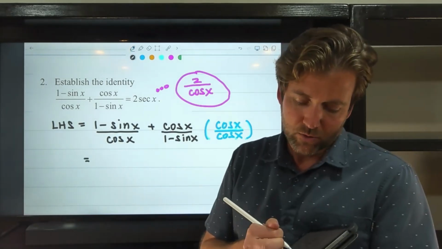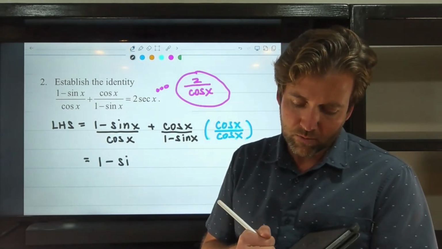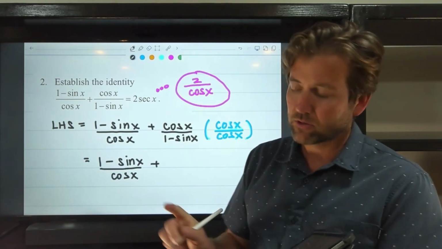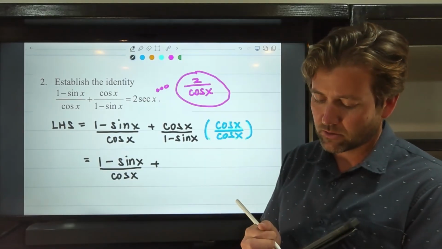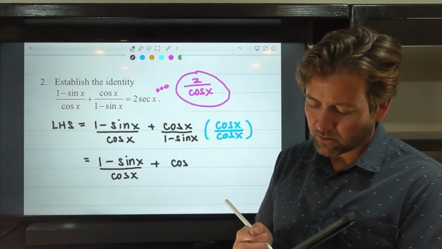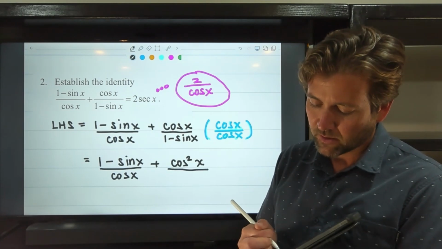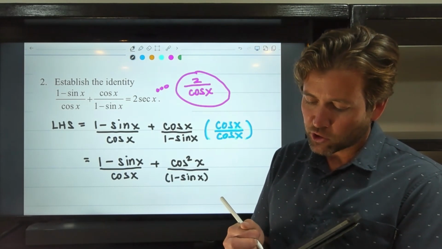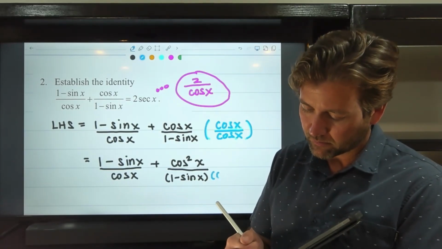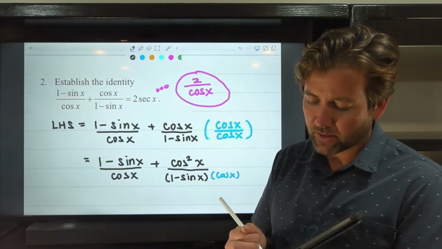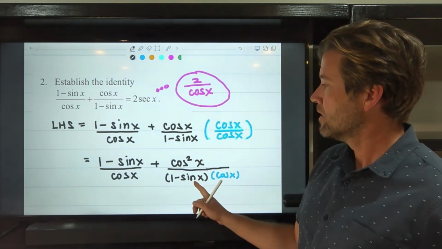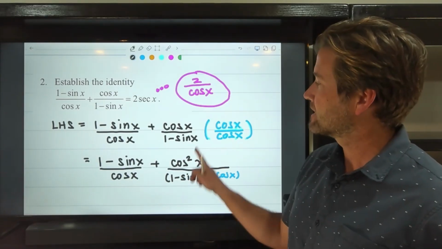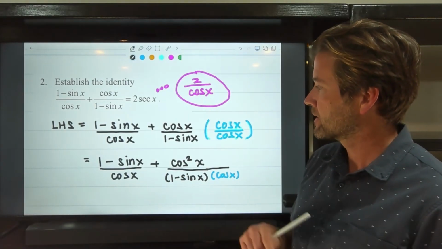So I'm going to rewrite this first term as 1 minus sine x over cosine x plus cosine x times cosine x is cosine squared x. Now again, I don't want to spend the time distributing this cosine of x down here in the denominator. Why? Because I'm confident that this 1 minus sine of x is going to cancel, because I need to have cosine of x in my denominator.